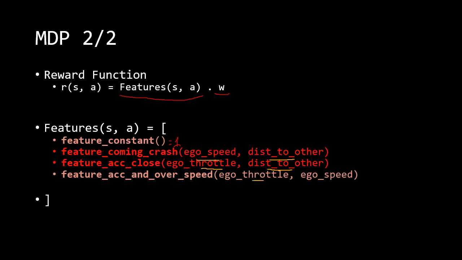Put another way, not accelerating when your ego speed is already high. And the last one is about something you want to favor, you want to reward, you want it to happen as much as possible because it represents efficiency. The first ones are about safety, and this fifth one is about efficiency.